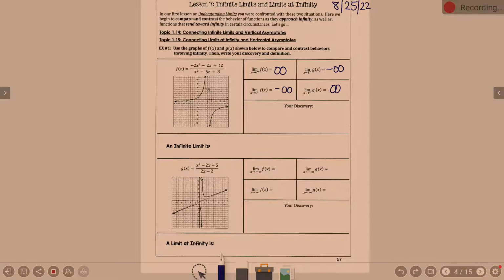So in other words, if we know this information about the graph without having the graph in front of us, it can help us connect that, oh, this one's going to positive and this one's going to negative infinity on opposite sides of 4. That means there's got to be a vertical asymptote happening there. Okay, those are some of the connections we can make. So in the discovery, a vertical asymptote occurs if one-sided limits are unbounded.